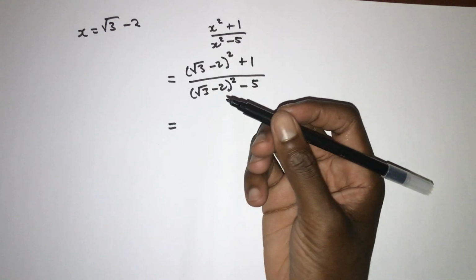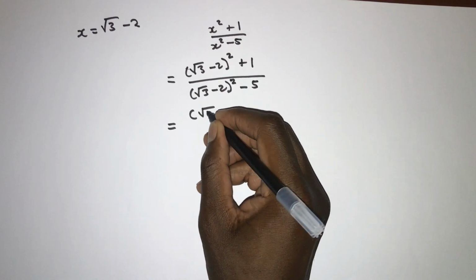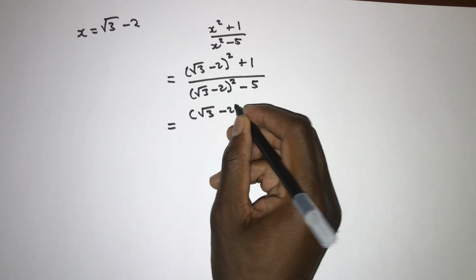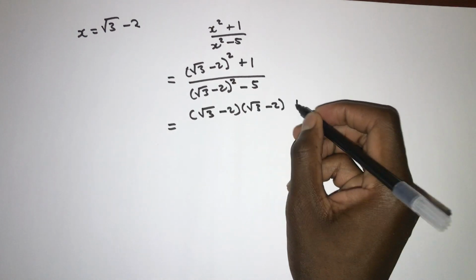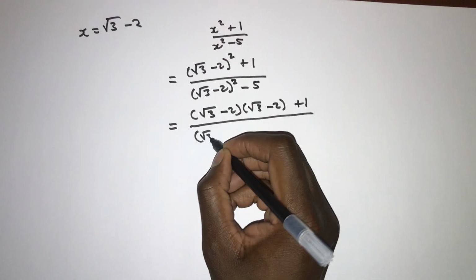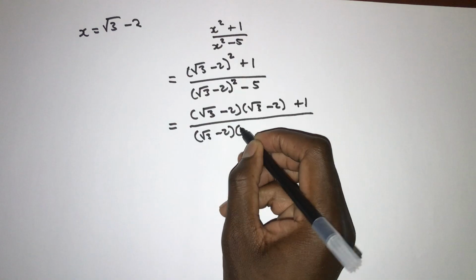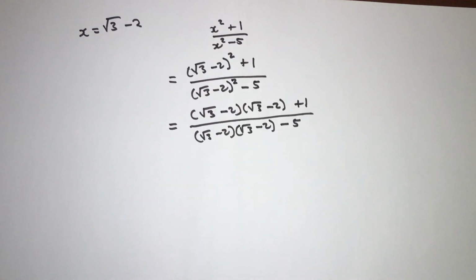So I'm going to expand them: root 3 minus 2, root 3 minus 2, then plus 1, over root 3 minus 2, root 3 minus 2, then minus 5.